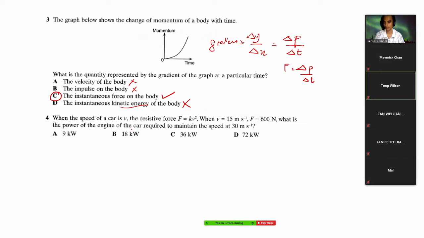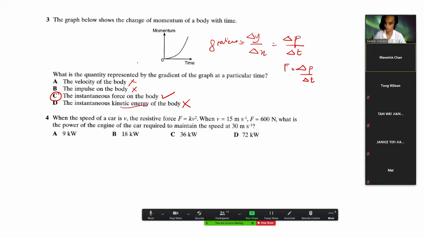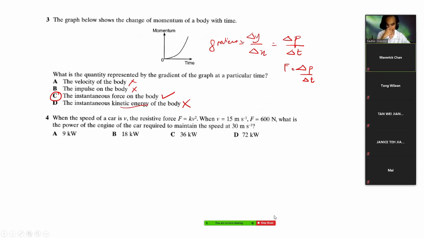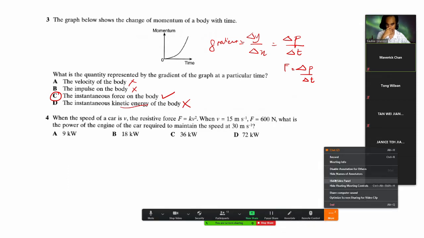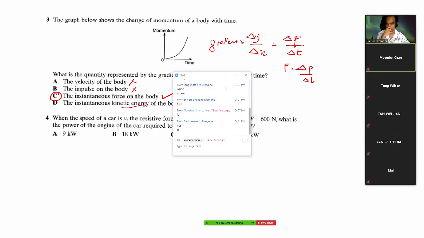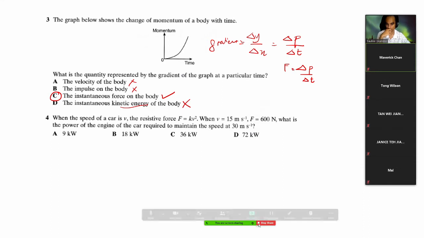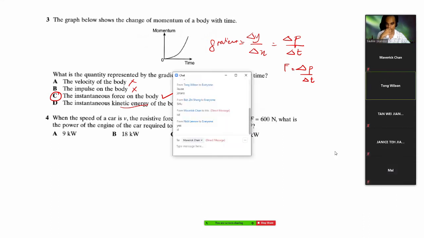Number 4. Who has done this one? Which is the answer? D, sir. Others?